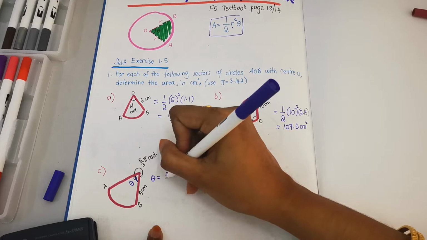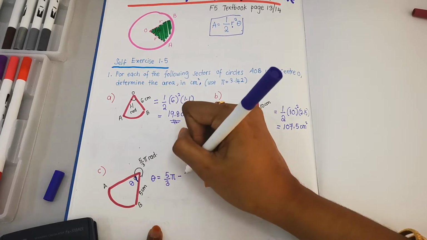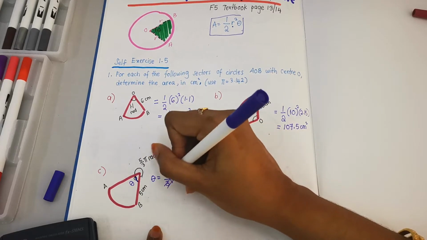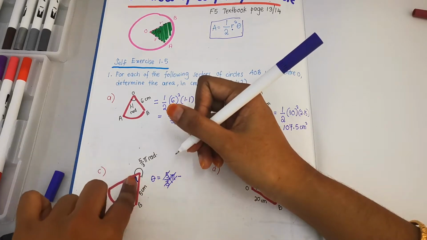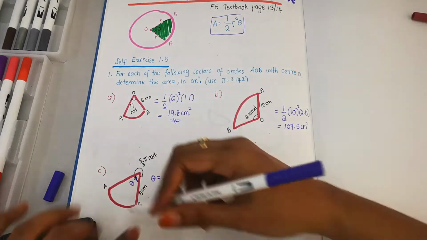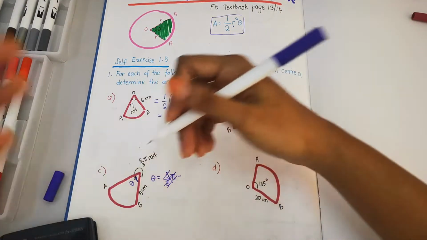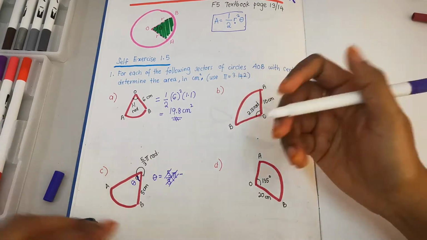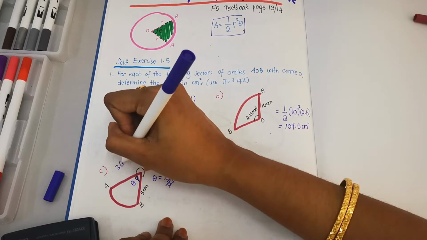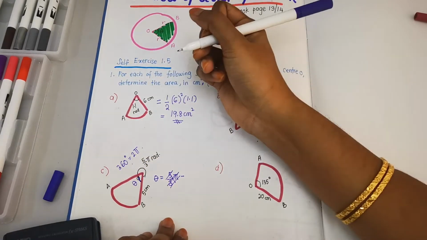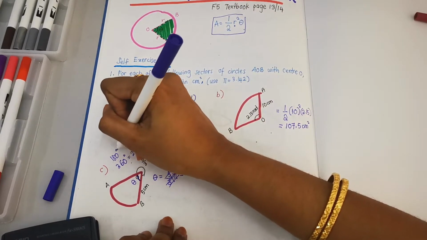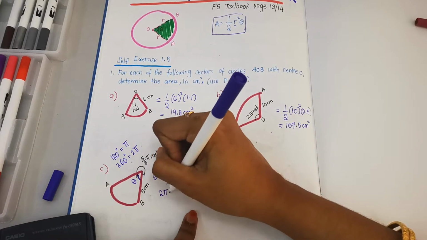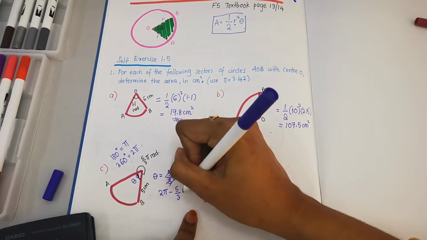Sorry, we have to take not 5 over 3 pi by itself, because 5 over 3 pi is the outside one. We want to find the inside, so we have to take the whole thing, meaning the angle of the entire circle, which is 360 degrees. 360 degrees is 2 pi. Remember this, because 180 is pi, so 360 is 2 pi. So we take 2 pi minus 5 over 3 pi.